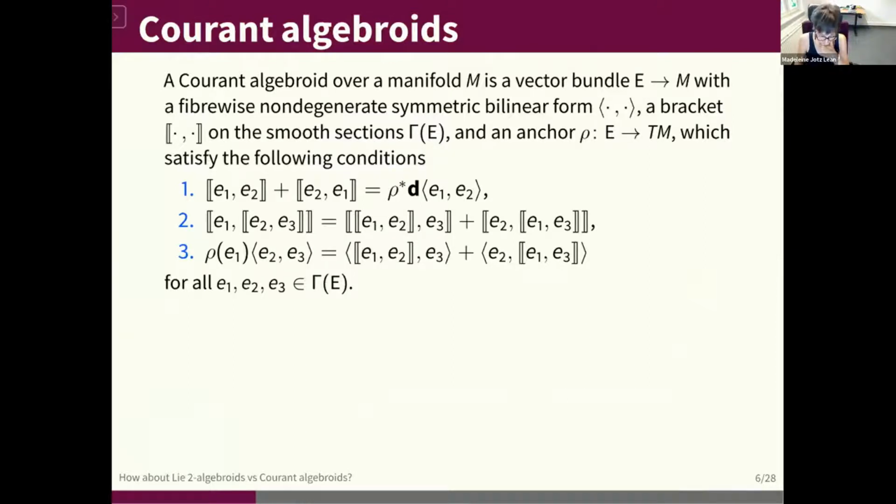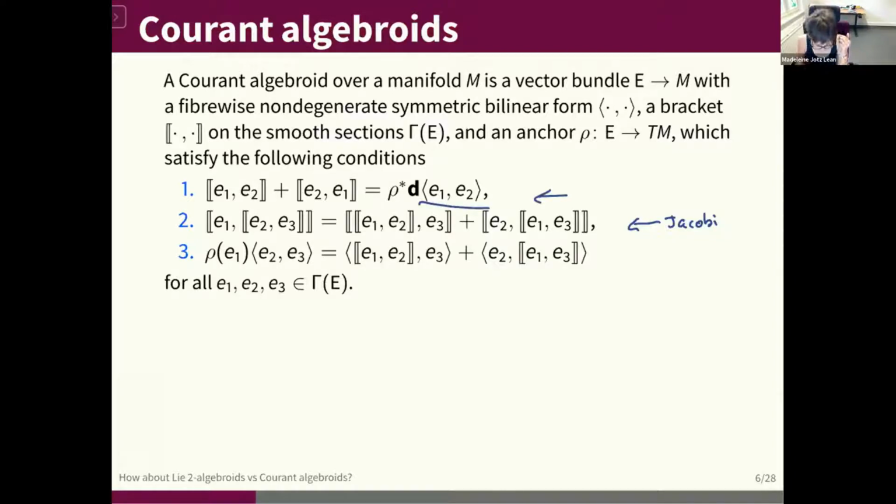Again, a bracket on sections of the vector bundle. This bracket is again R-bilinear, but it's not skew-symmetric. So it's not a Lie algebroid bracket. It's not a Lie algebra bracket. Well, because it's not skew-symmetric, but it satisfies the Jacobi identity if you write it in Leibniz form, which means you write the bracket as a derivation of the bracket, and the non-skew-symmetry of the bracket is controlled by the pairing, as in this equation.